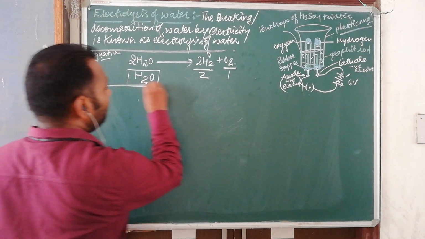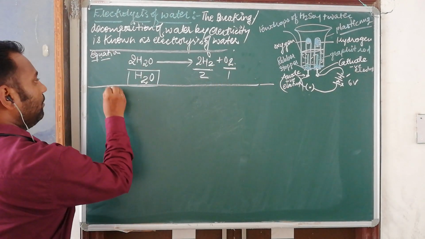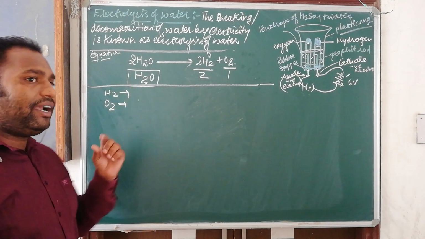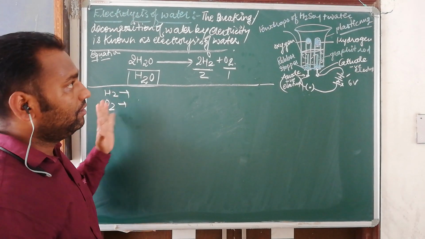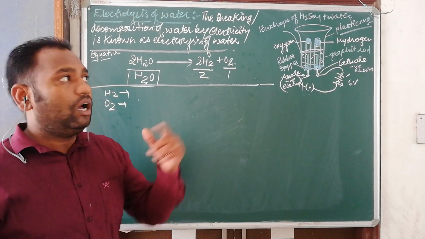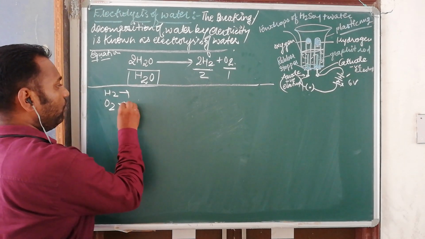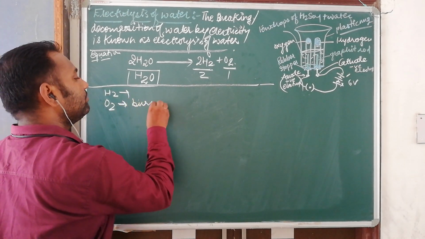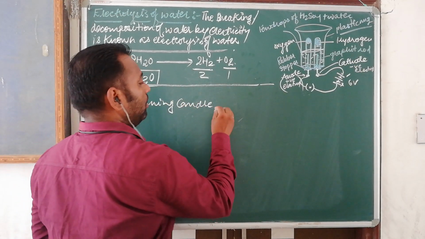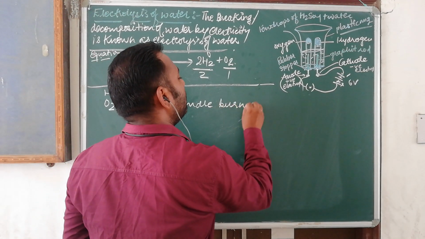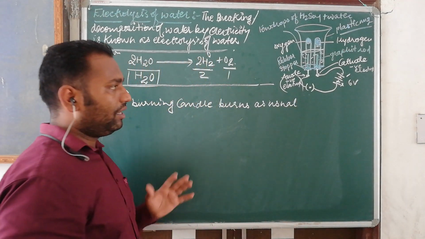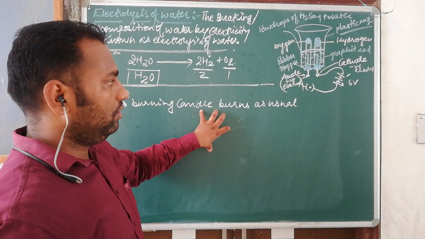For the gas confirmation test, we look at H2 and O2 gas confirmations. When we take a burning candle to the inverted test tube and open it, and the gases are released from the test tube, then for O2 the burning candle burns as usual, with no obstruction.